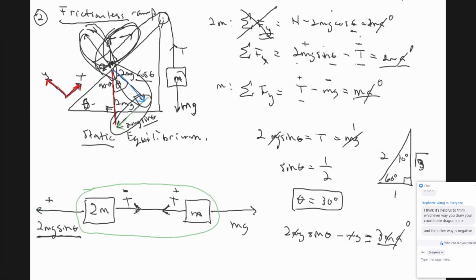So I kept that consistent with each other. Going to the left, I made positive. Going to the right, I made negative. And I kept it consistent. When you're not consistent, then you end up with a negative sign where you're not supposed to have it.